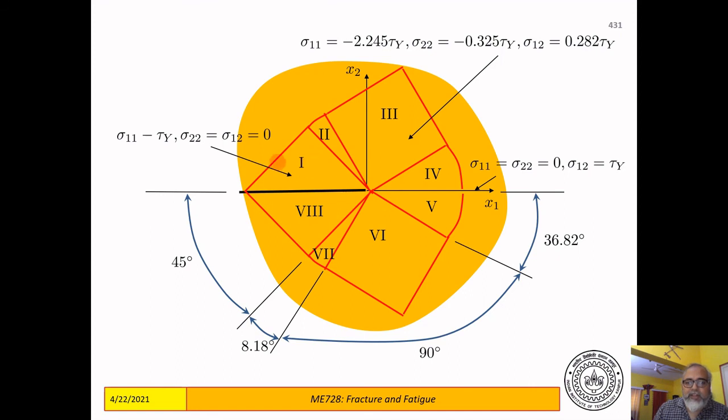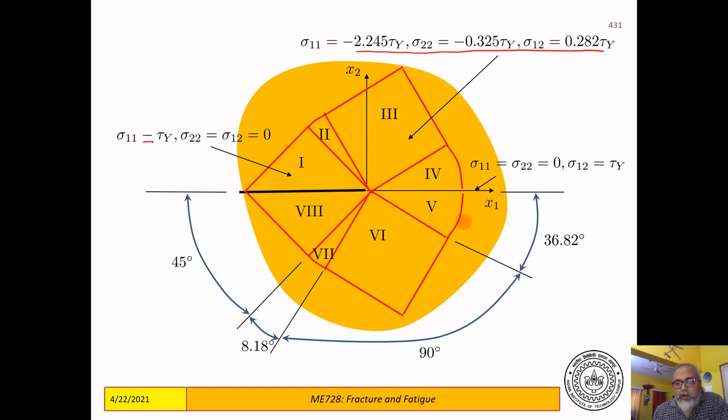You have this rigid region here, where sigma 11, sigma 22 and sigma 12 are equal to 0, and sigma 11 is equal to tau y. This is another rigid region where these are the stresses. In order to find these stresses, I have used this 8.18 degrees, which is the angle that this small fan makes with regions 1 and 3.